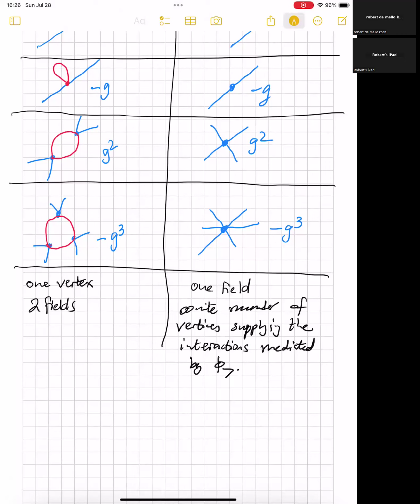So that phi greater than field, that red field, can propagate in the loops and induce interactions amongst the low energy fields. And the effective theory has generated all of those vertices.